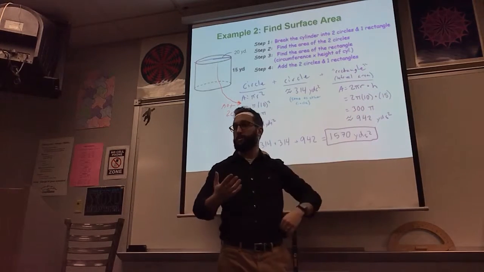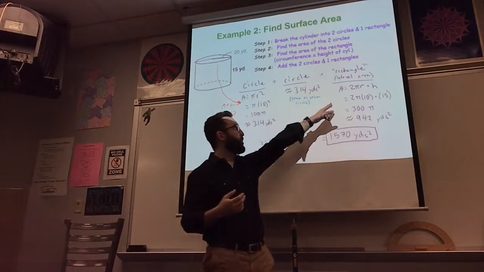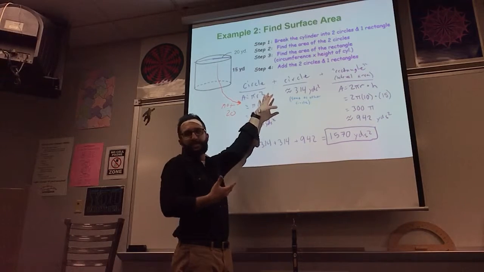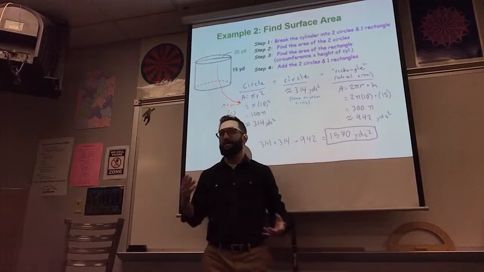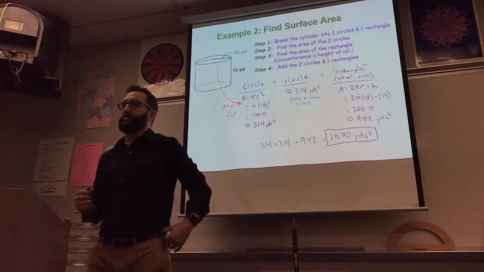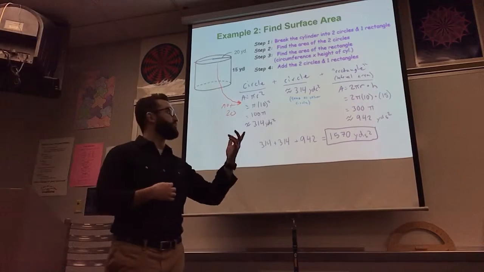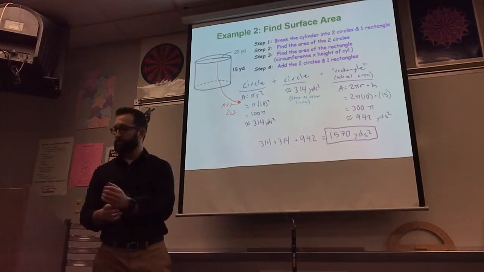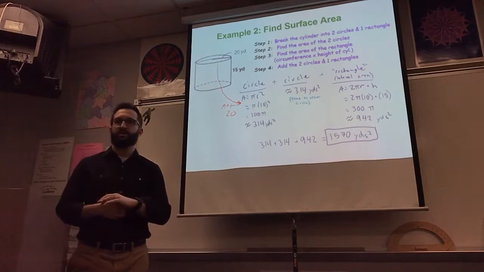The reason being is I use the 2 pi r because you have to have the radius for these. So if I have to have the radius for these, why not just keep the radius for those? But if you want to use pi d, that's fine. There's nothing wrong with that. My recommendation is to just stick with r, but you can use pi d. Other questions on this one? I want to get to the last problem here.